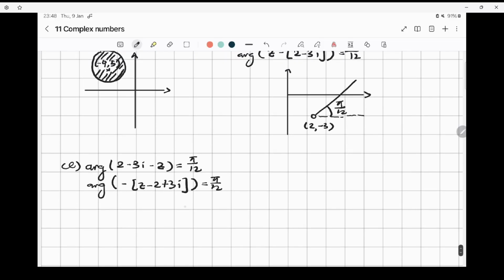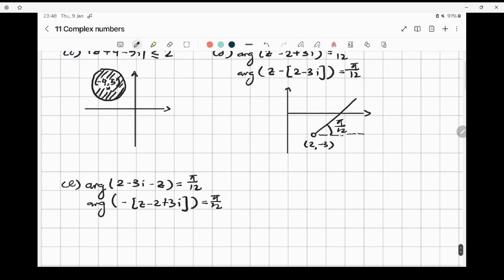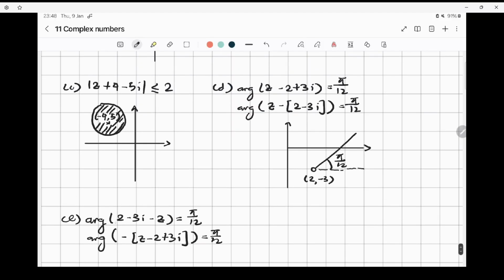So previously we already saw that z minus 2 plus 3i is exactly this.